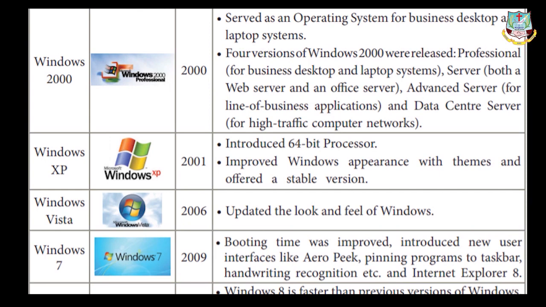Okay, this improved the Windows appearance, with some stable version. Likewise, it had some themes. Okay, these were all introduced in the year 2001 in the name Windows XP. Okay, and the next one is Windows Vista, and the logo is also displayed here.